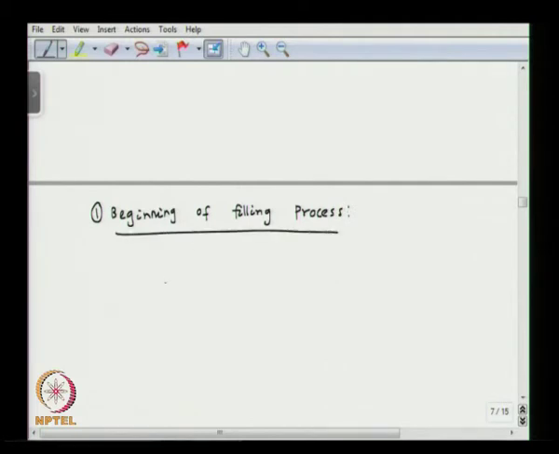So, beginning of the filling process, t tends to 0 and x 0 is less than x infinity, and also dx over dt at t equal to 0 is going to be 0. So, in this case the inertia and the gravitational force are going to be negligible. Since you are talking about the beginning of the filling process, the fluid has just started to move.